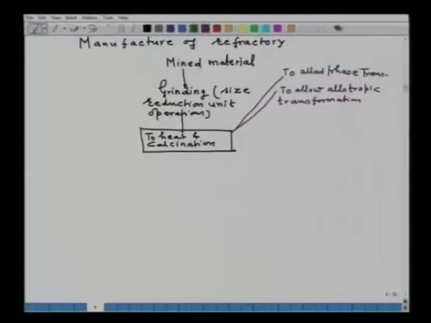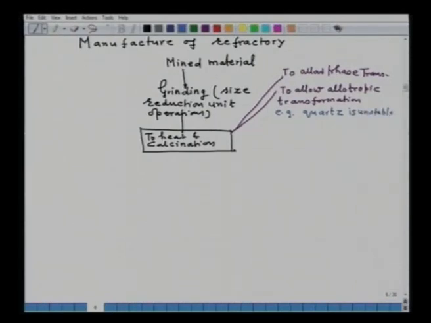Of particular importance, for example, if we consider quartz, it is used for silica brick. This is unstable at high temperature.